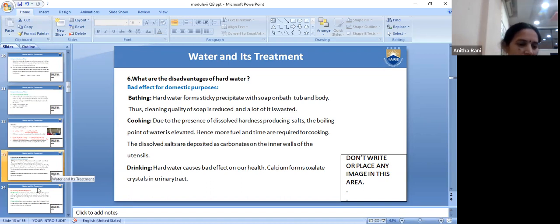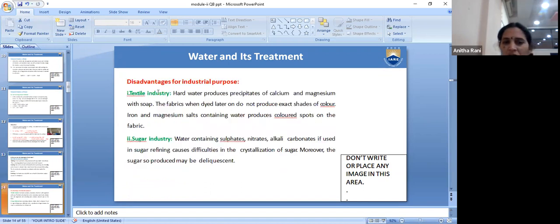So this is domestic. For industrial purposes, we discussed that in the textile industry we have to use only soft water, otherwise we are not getting exact shades of the colors if water contains calcium and magnesium salts. In the sugar industry also we should not use hard water containing sulfates and nitrates, because we won't get crystallization of sugar, it will decompose.